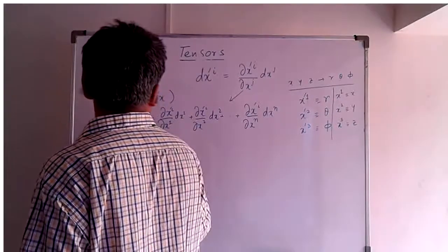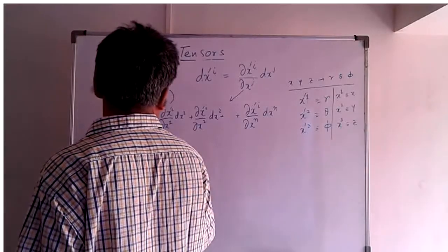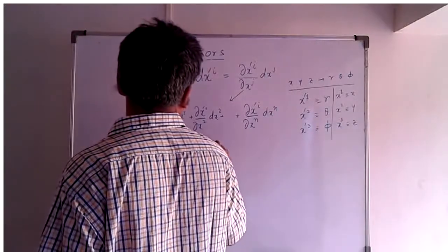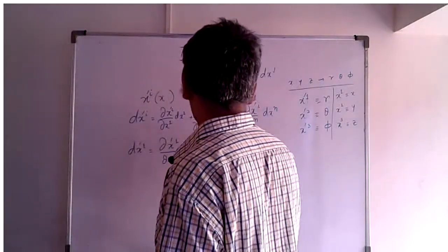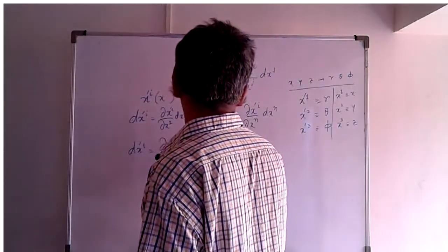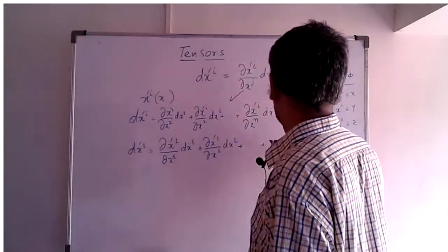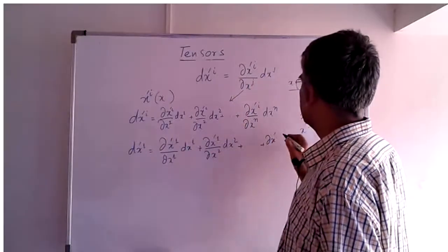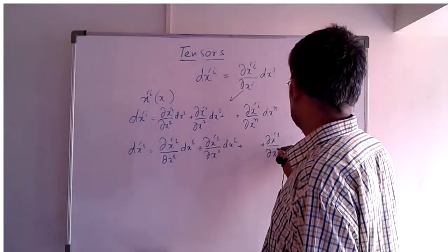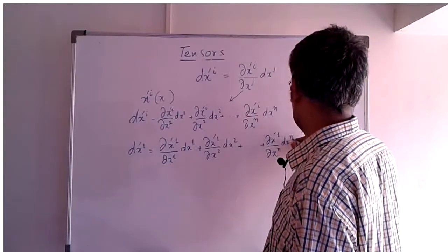Then it will be del x prime 1 del x1 dx1 plus del x prime 1 del x2 dx2, and you just carry on, up to del x prime 1 del x n dx n.